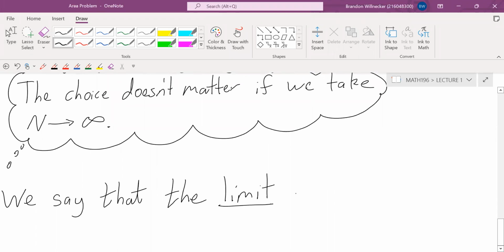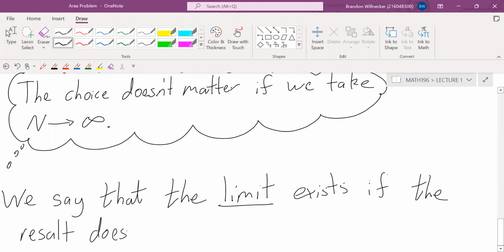We say that the limit exists. Okay, so the limit exists. We know that from a previous math course. We say that the limit exists if the result doesn't depend on the choice of sample points.